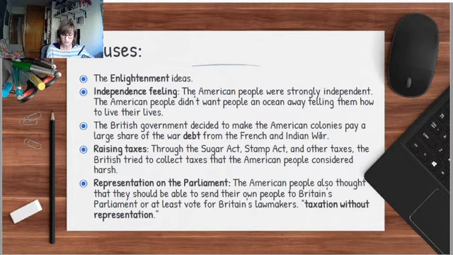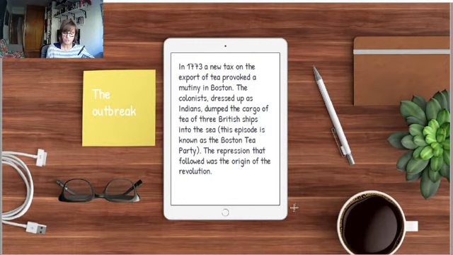The colonists refused to pay taxes, saying "no taxation without representation." This is going to be the slogan that becomes more popular. The outbreak is going to be in 1773, when a new tax on the export of tea provoked a mutiny in Boston that we know as the Boston Tea Party.